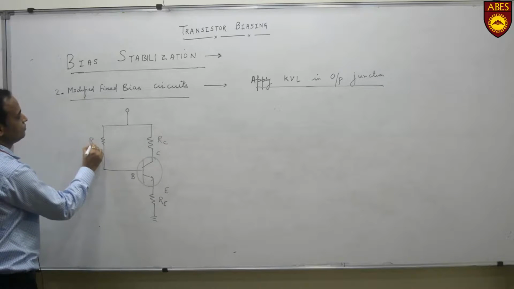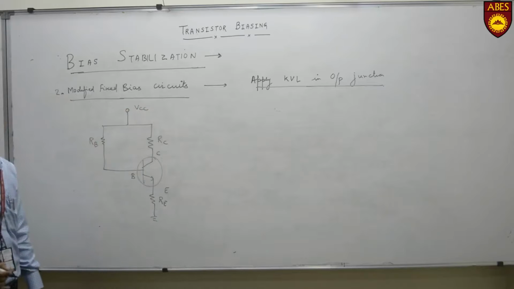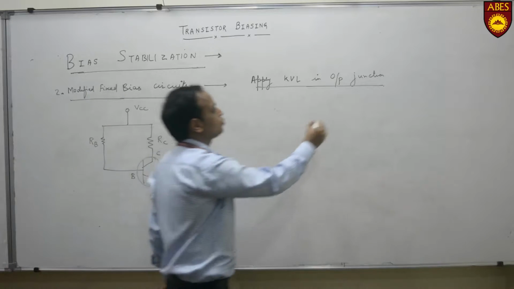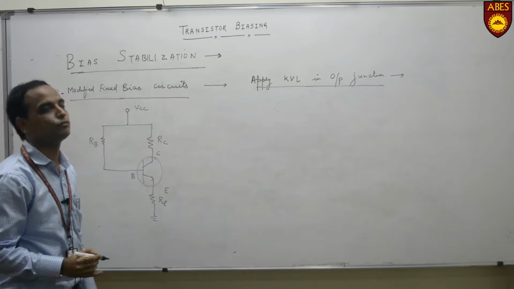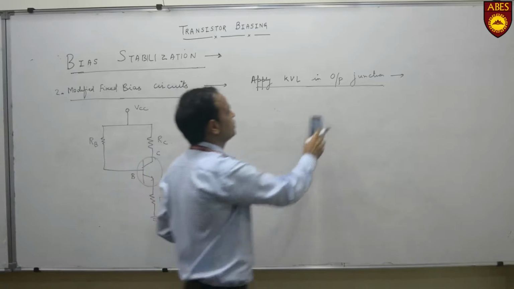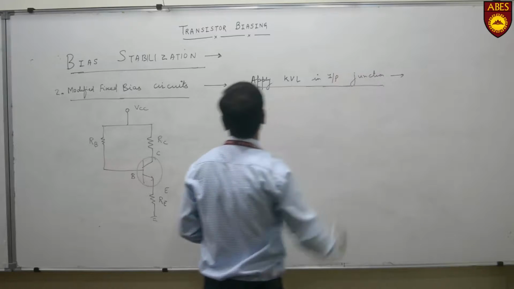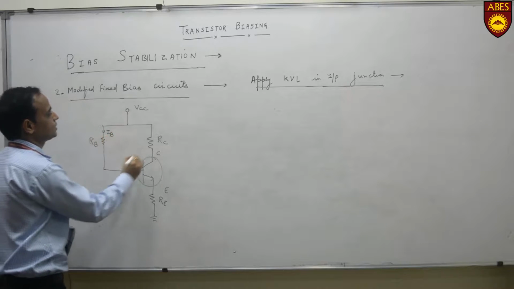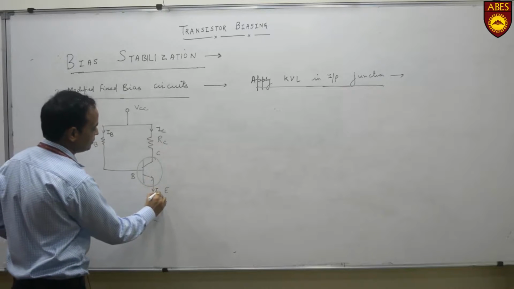The remaining circuitry is exactly the same as we have discussed previously. Again, the rule of thumb to find the value of VCE and IC is to take KVL in the input as well as in the output junction. So let's start first. Apply KVL in the input junction. Again, the current which is going through the base resistance is IB, through collector it is IC, through emitter it is IE.